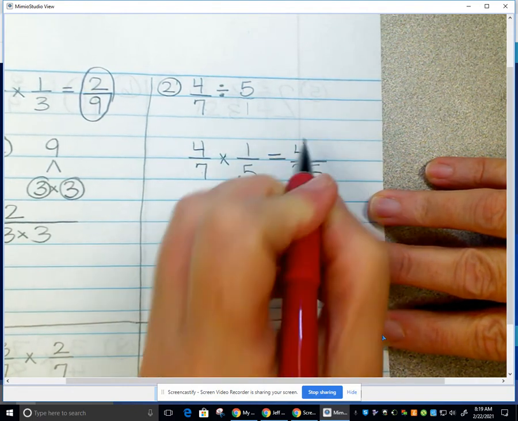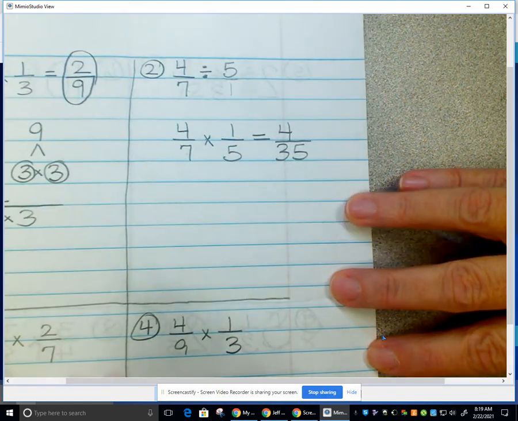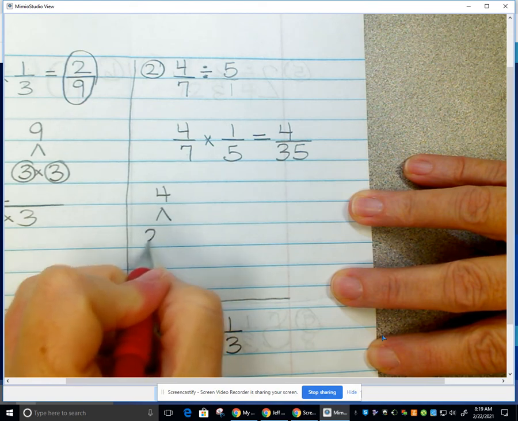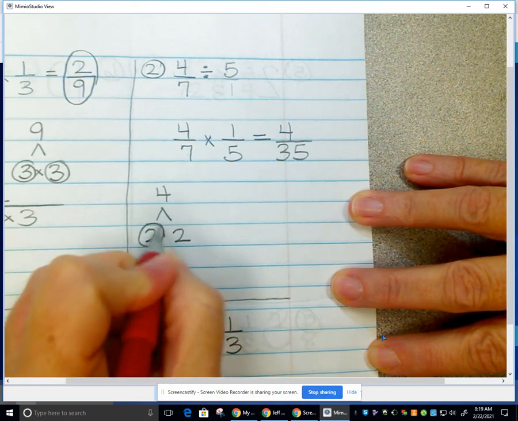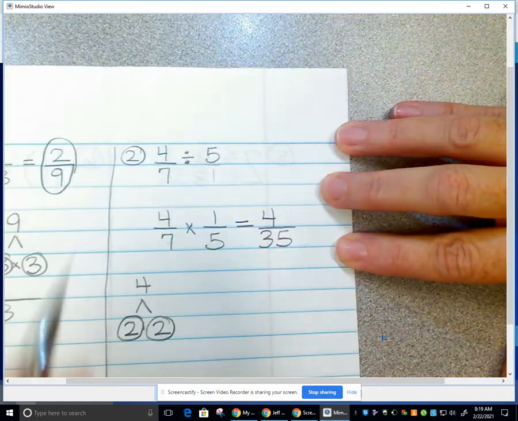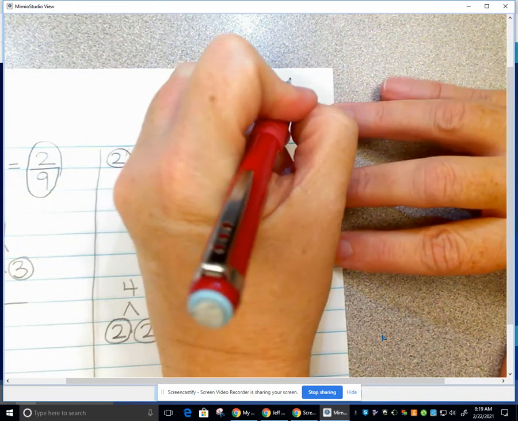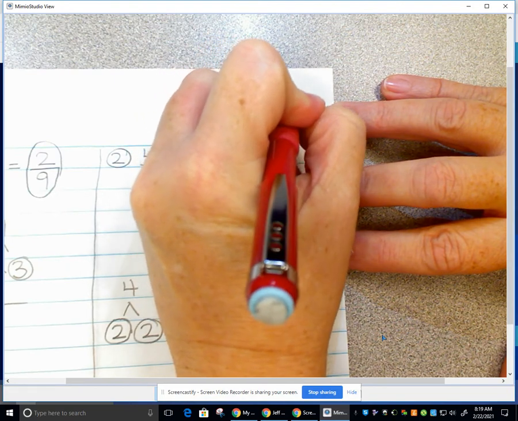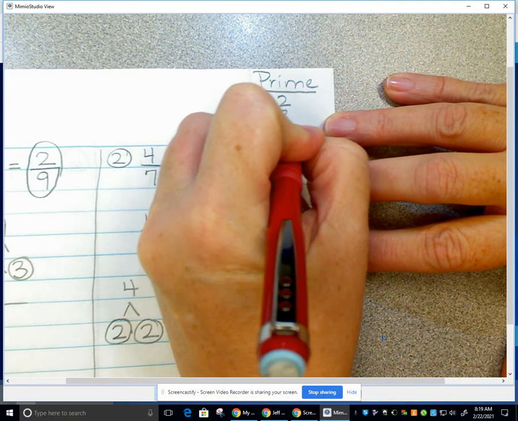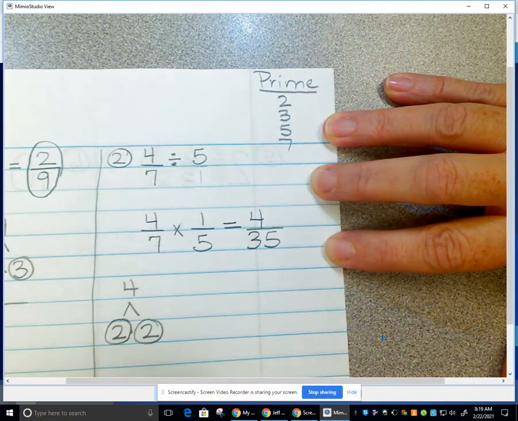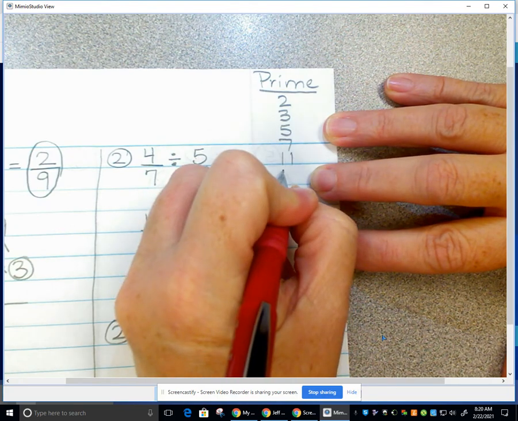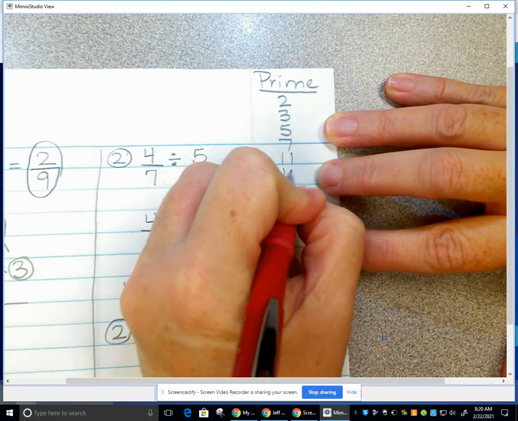And again, I want to make sure that this is in simplest form. 4, if I factor that out, is 2 times 2, prime, prime. By the way, remember our first few prime numbers to remember when we're factoring: 2, 3, 5, and 7. Also, you could go and say 11, 13, then 17.